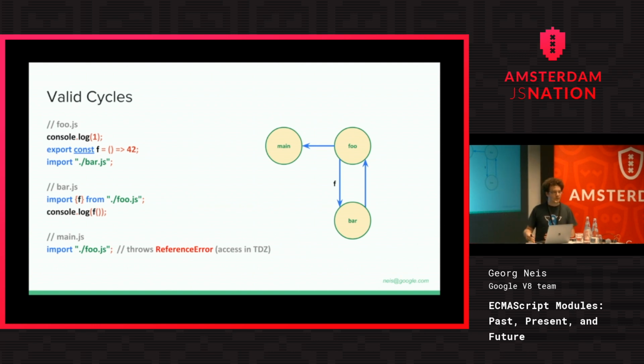Uninitialized let and const variables, you're not allowed to access them. You will get a reference error. That's what we sometimes call a temporal dead zone. Even in normal JavaScript, you have this phenomenon. Here in modules, it may appear a little more surprising, but it's actually consistent with the existing semantics.